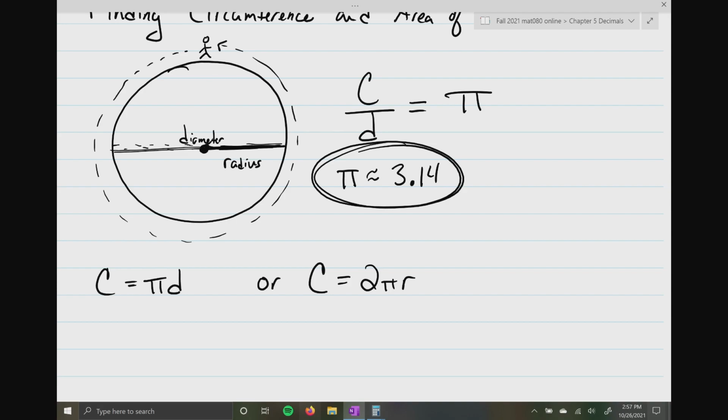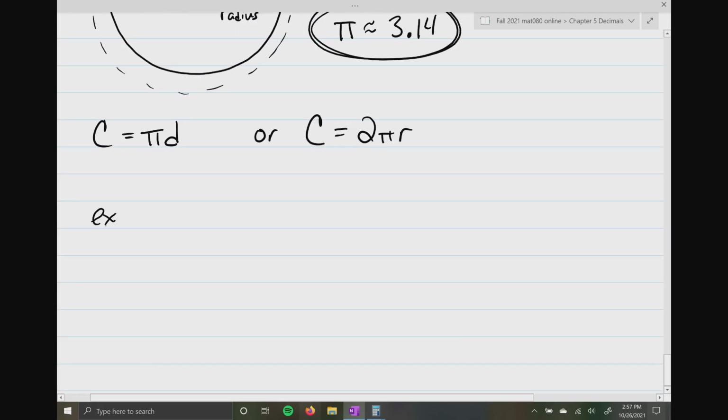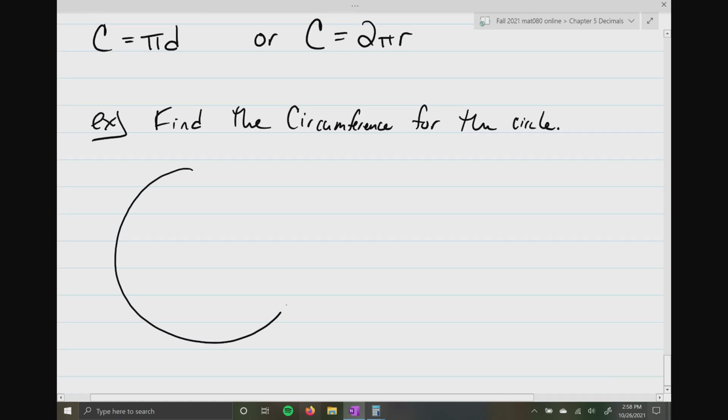So, for example, if I want you to find the circumference for the circle, all right? And this is all I give you.